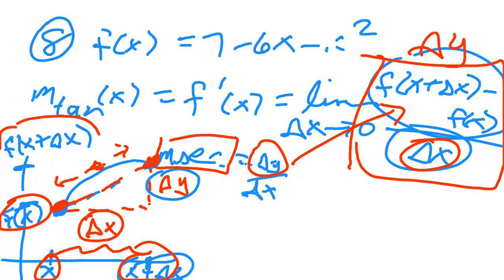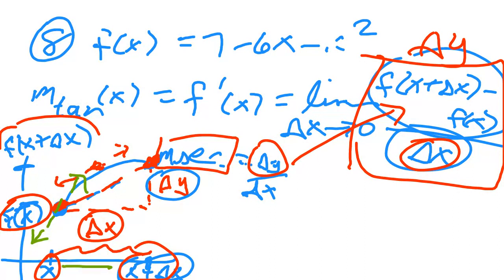And then what we're going to do is, because we actually want the slope of the tangent line at x, which would be right here, right? That'd be the slope of the tangent line that just sits against the curve.